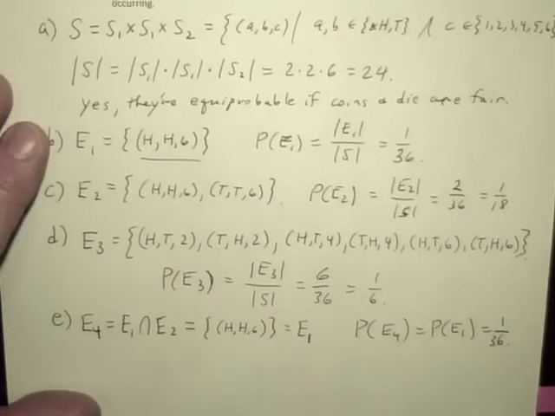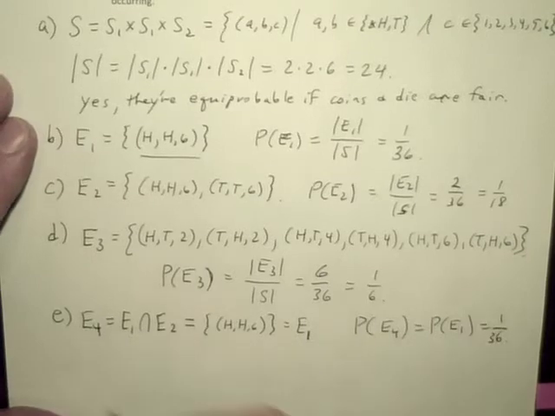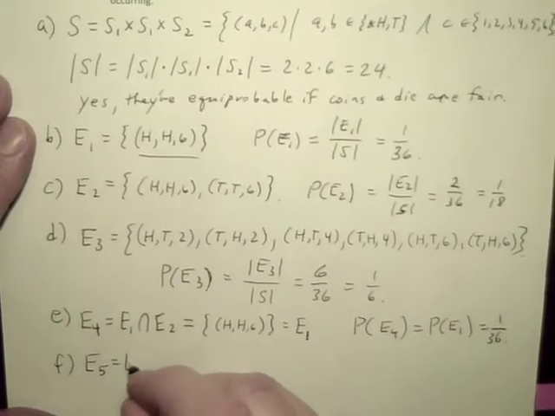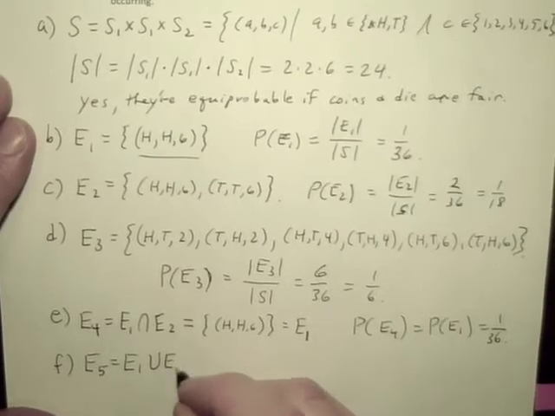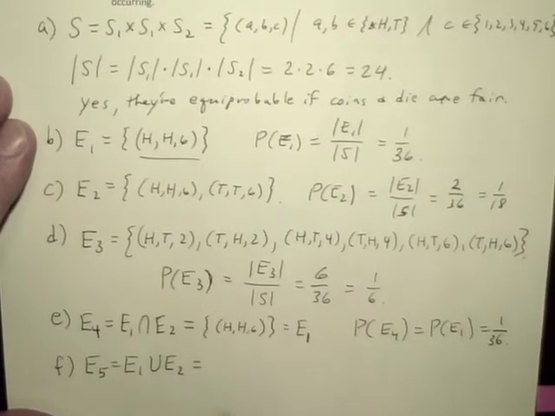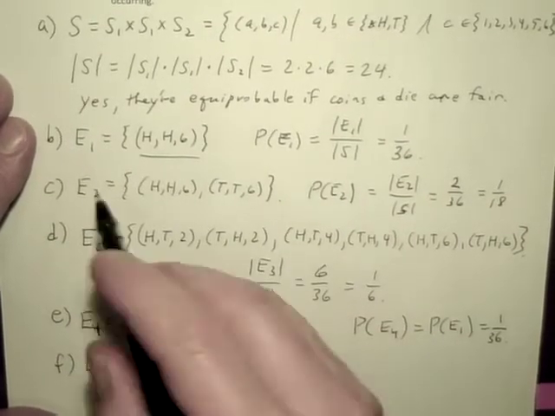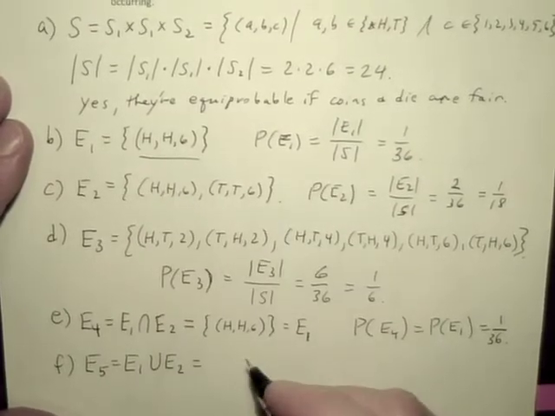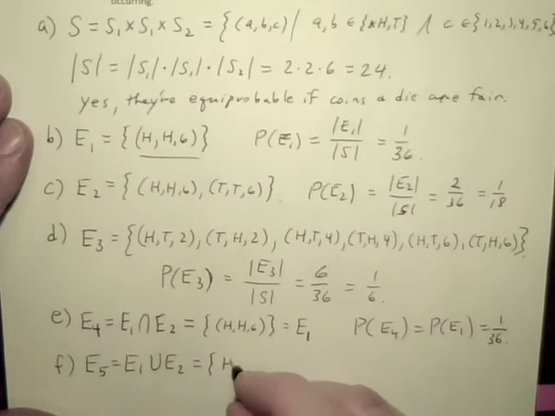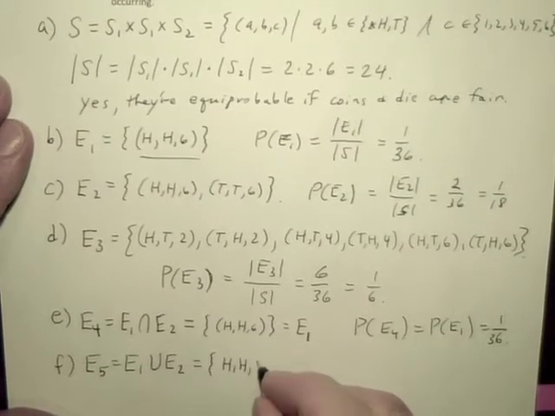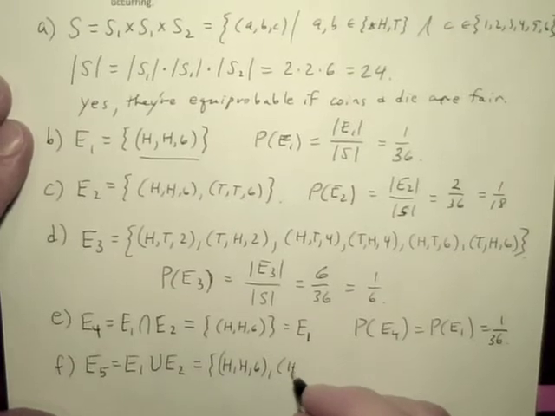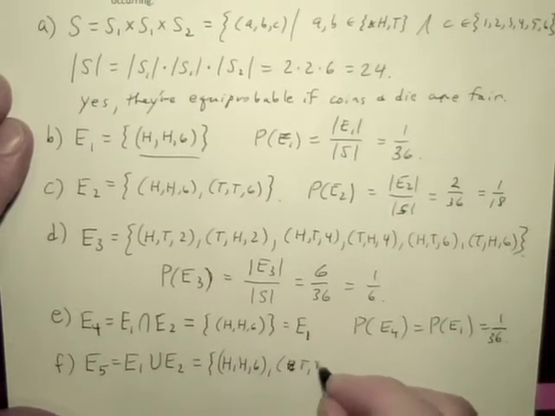Finally, E5 is E1 union E2. Boy, I could have given you a more interesting one. I could have used E2 and E3 in some of these things. E1 union E2 is HH6, which is equal to E2, HH6 and TT6.